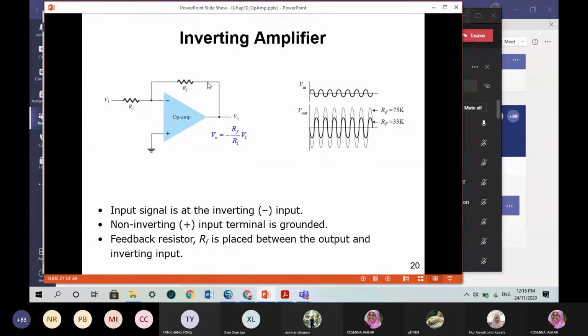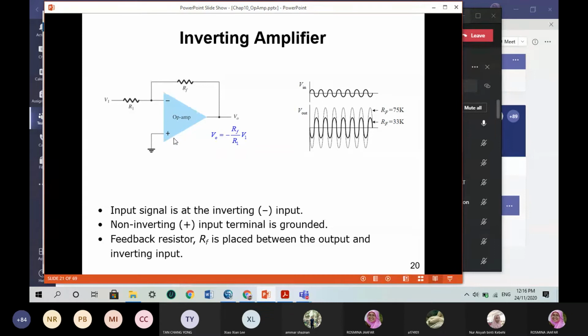So if you want to make a variable gain, if you use a potentiometer as the RF, when you tune up the RF, you increase the feedback resistor, and you will increase the output gain. If you reduce the potentiometer, you will reduce the gain also. Okay.